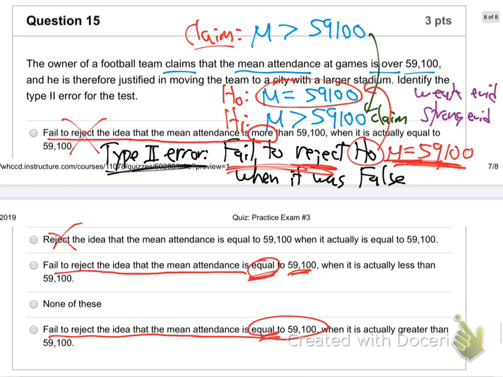Now, to the final part. When it was false. The null is actually false. And that means the other one's true, huh? So what is it actually? Well, when it is actually greater. There it is. Not less. So that takes a little tracking, doesn't it?